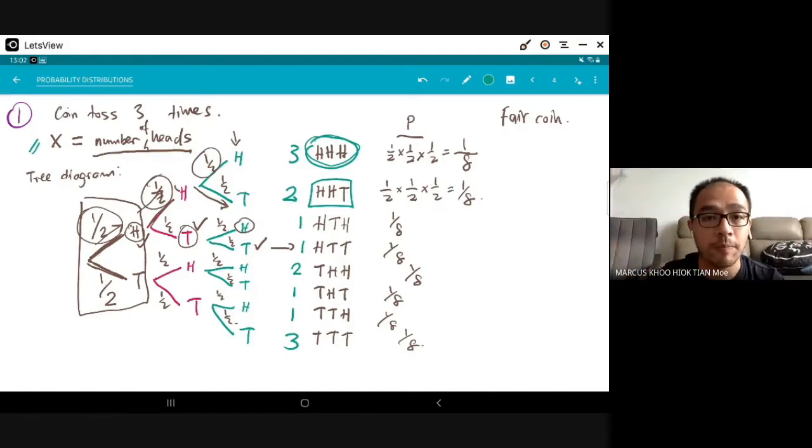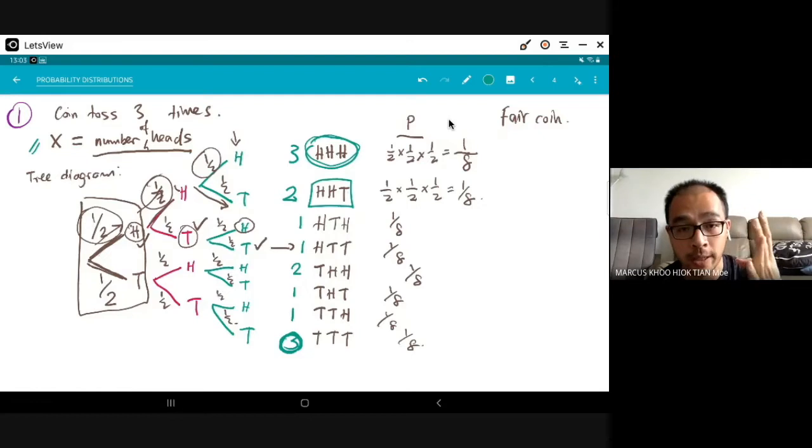Let's look at this. Sorry, the last one is not 3. The last one is 0. My bad. Did somebody correct me for this? So when we look at this situation, there are 4 different types of outcomes.